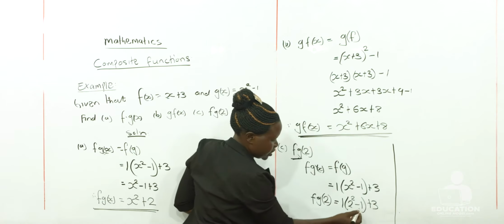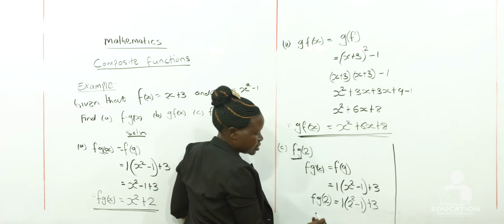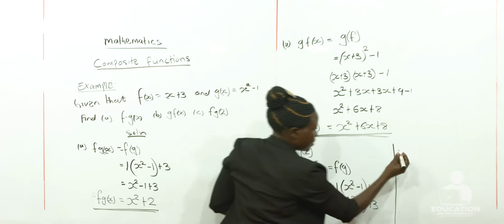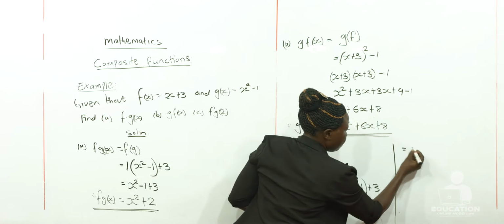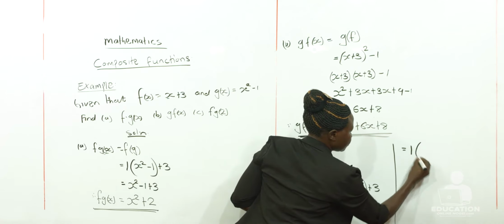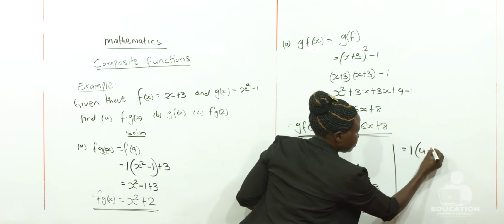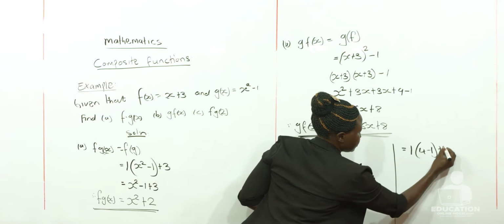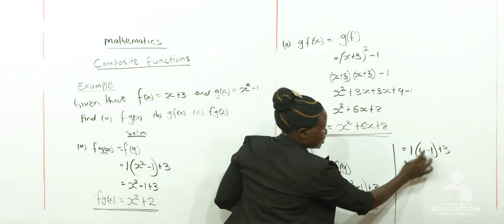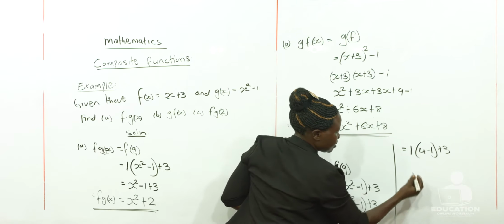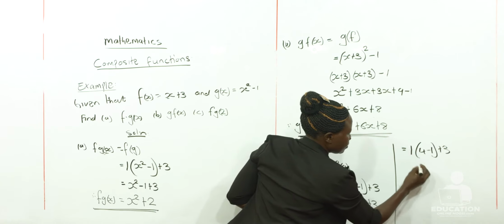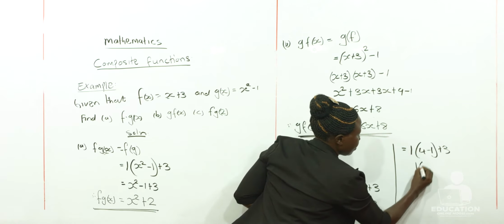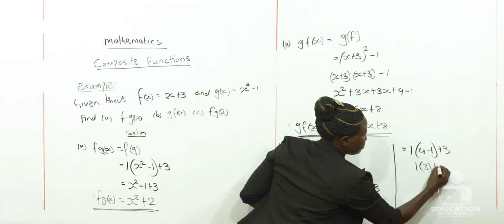Then you will simplify first what is inside before you open the bracket. So 2 square will give us 4. So you will have 1 into 4 minus 1, and then plus 3. So what is inside is going to be 3. So 1 times 3 plus 3.